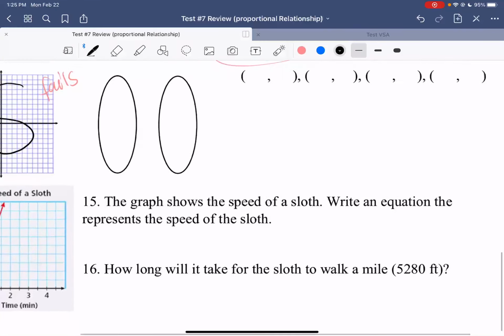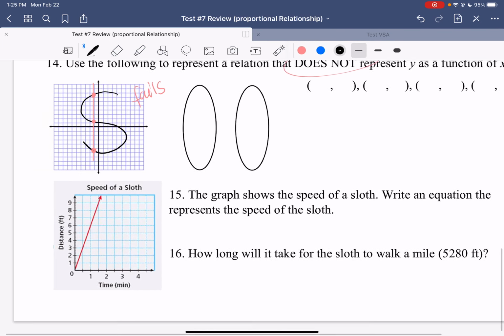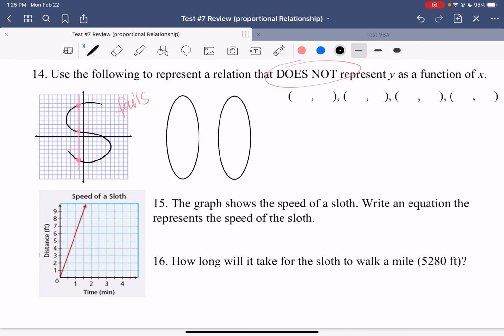And for number 15 and 16, what we're going to do is write an equation that represents the speed of the sloth. So what we need is some pretty points. It is proportional, so we can see the pretty points all along here. So we just need 2. I'm going to use these first 2, and my rise is 1, 2, 3.